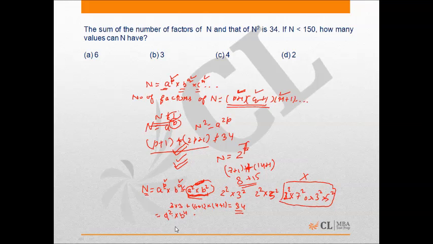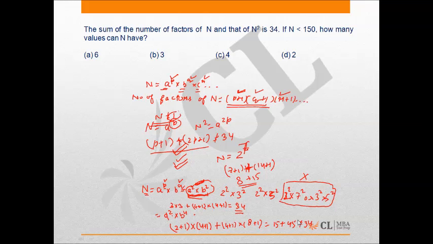In this case, the number of factors of n is 2 plus 1 into 4 plus 1, plus the number of factors of n square, which will be 4 plus 1 into 8 plus 1, which is equal to 3 into 5, 15, plus 5 into 9, 45, which is obviously not equal to 34.